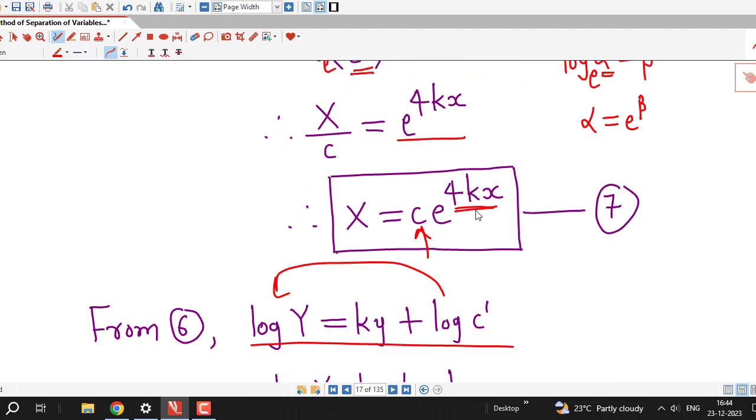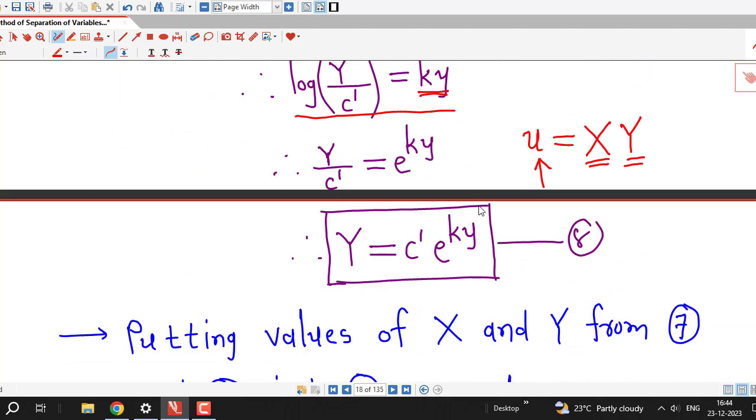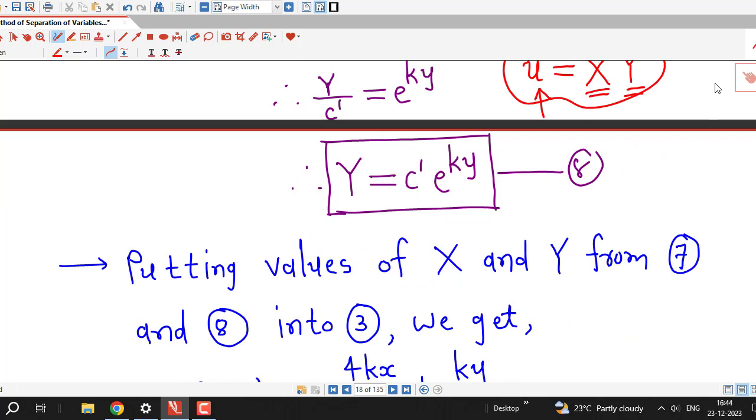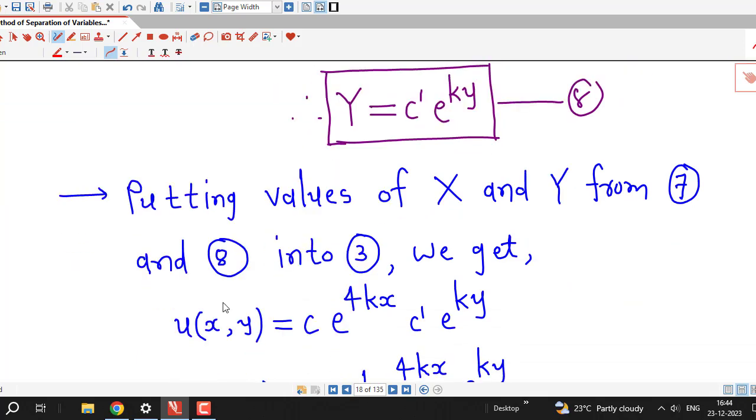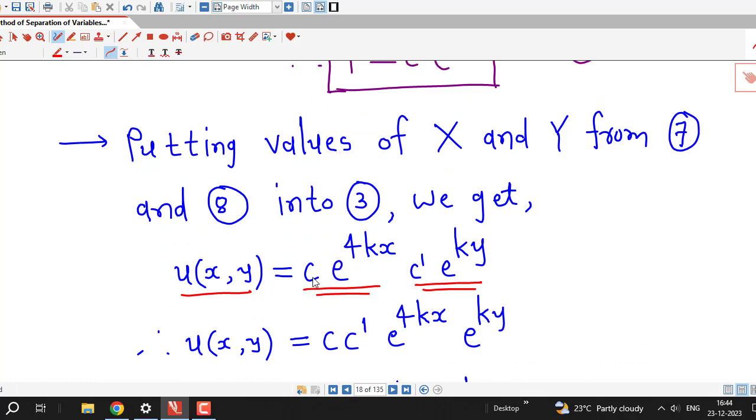Capital X is c times e raised to 4kx, capital Y is c dash times e raised to ky. So we substitute in this equation, which was given number 3, and we obtain u(x,y) equal to capital X times capital Y, which we can rewrite as c times c dash, e raised to 4kx, e raised to ky.